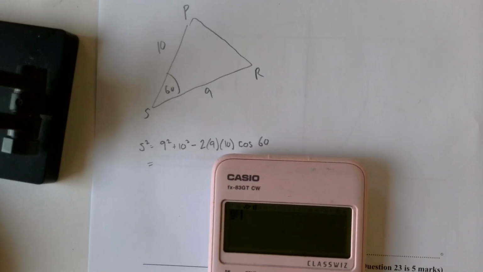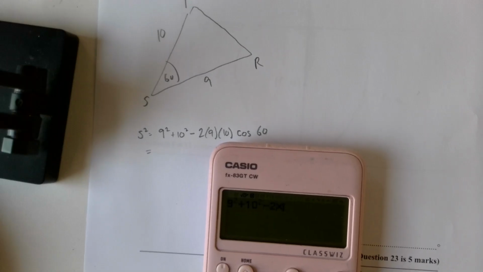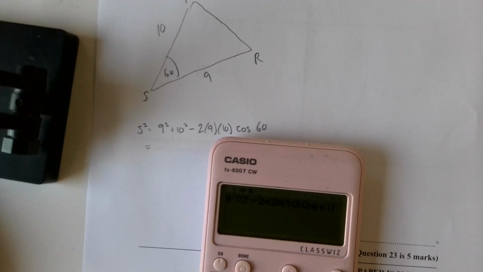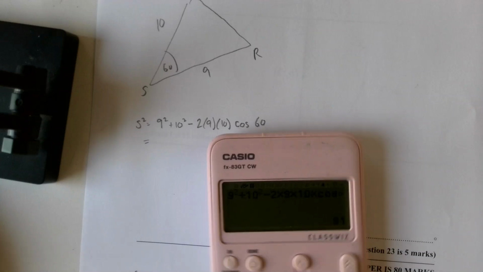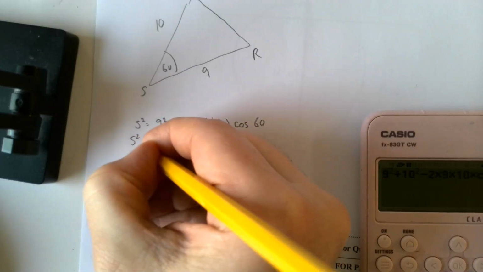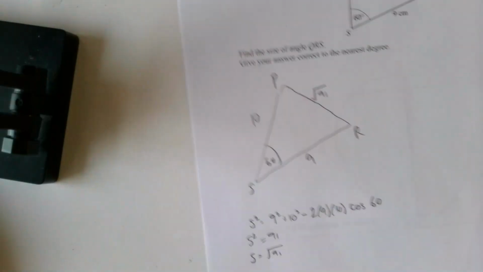So you're just substituting into your calculator 2 times 9 times 10 times cos 60, and that gives me s squared is equal to 91. So s would be the square root of 91. So I've got that.